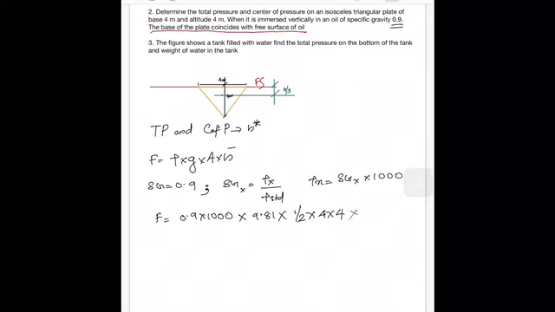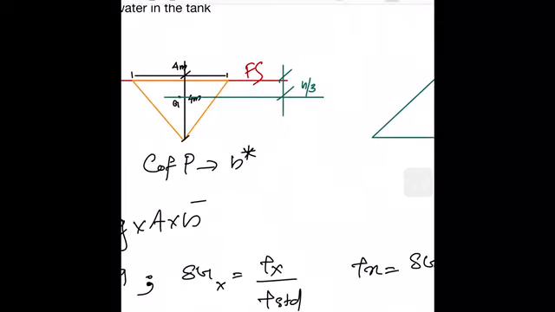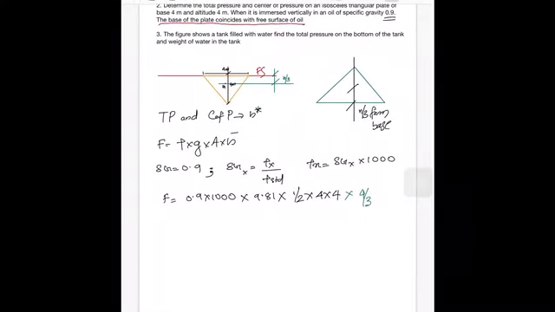So h by 3 from base will be into 4 by 3. So friends, do remember, there is a triangle like this. The center of gravity will be at h by 3 from base. We have taken the same condition. This much will be here, the center of gravity, so it will be h by 3 from base, and our h bar means vertical distance from free surface to center of gravity, so it will become 4 by 3. Now the value of F will be equal to, let me take my calculator.